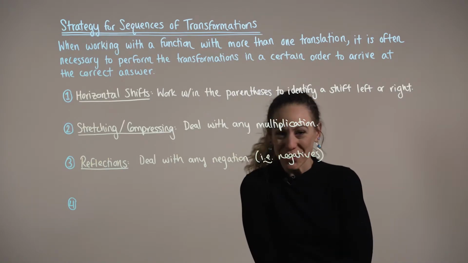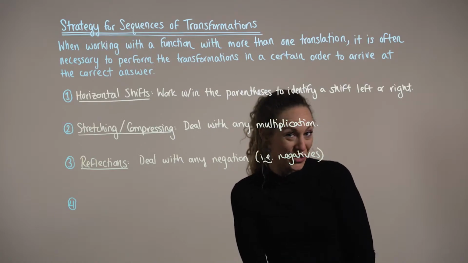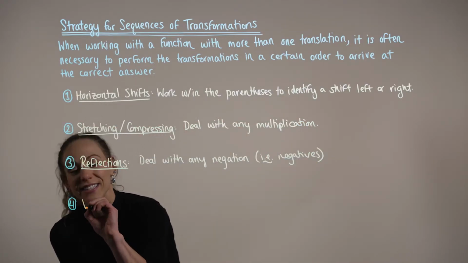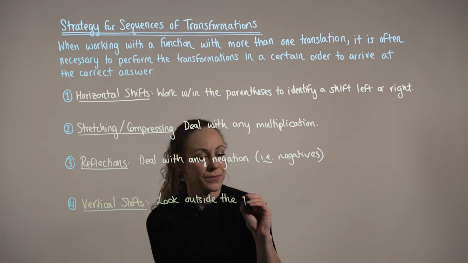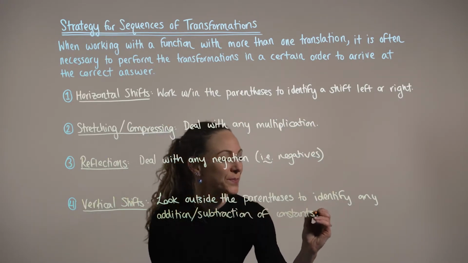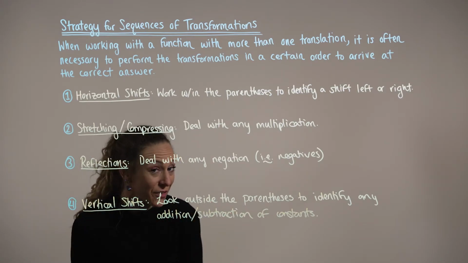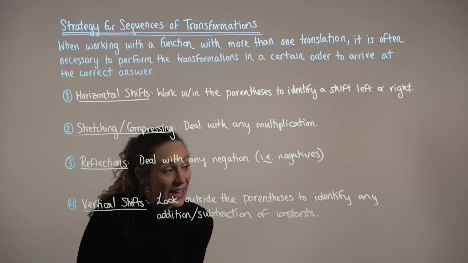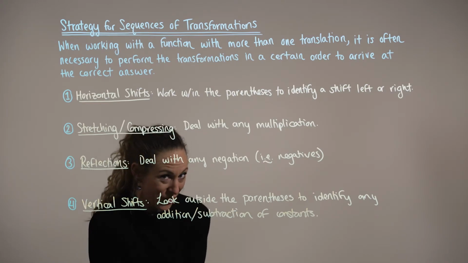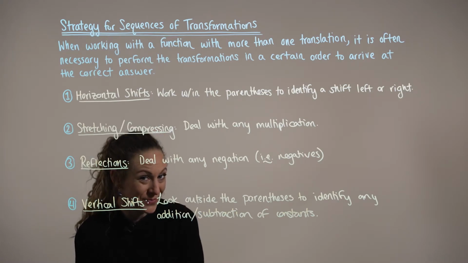And last but certainly not least, in step 4, we want to think about any vertical shifts. So in step 4, here we are looking outside of the parentheses of our function to identify any addition or subtraction of constants, which will shift the graph up or down.